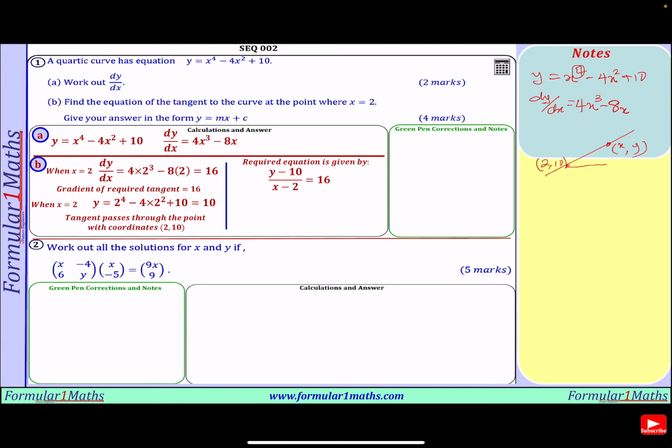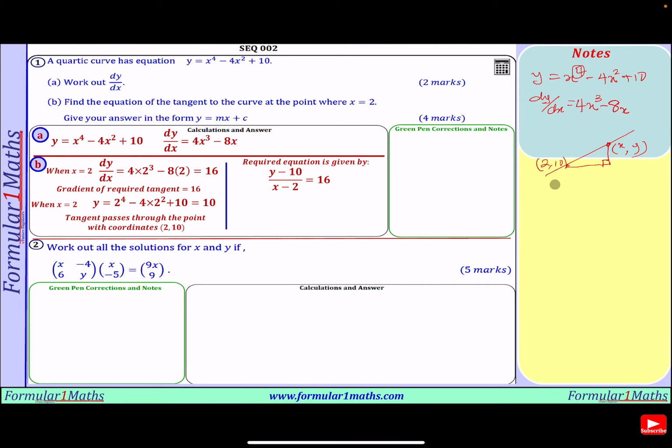And then we drop a line here and drop another line here. That is 90. So the gradient will be this length here, which will be y minus 10 over this length here, because the gradient is rise over run.